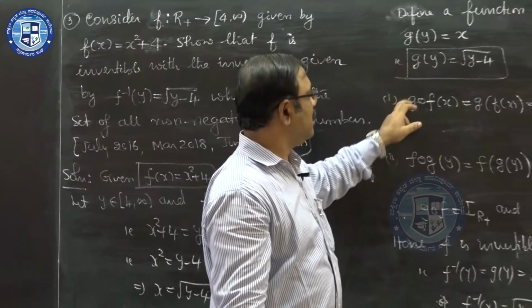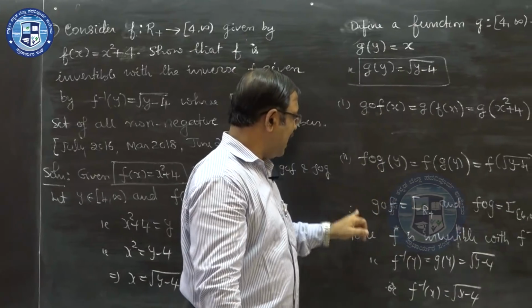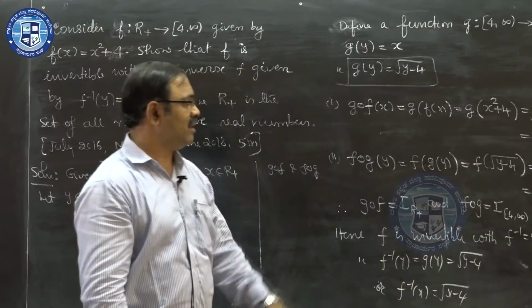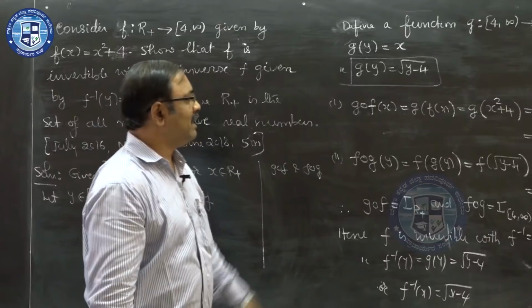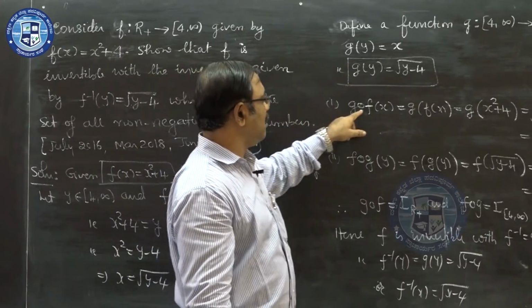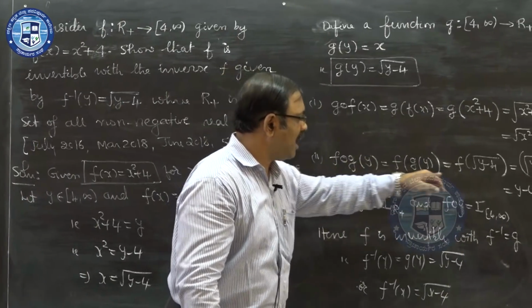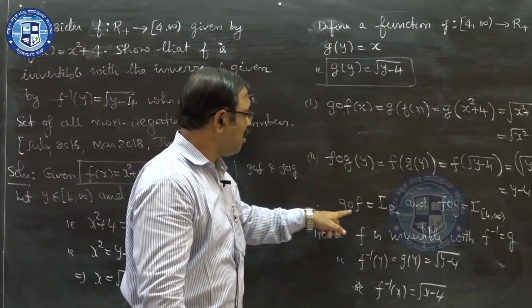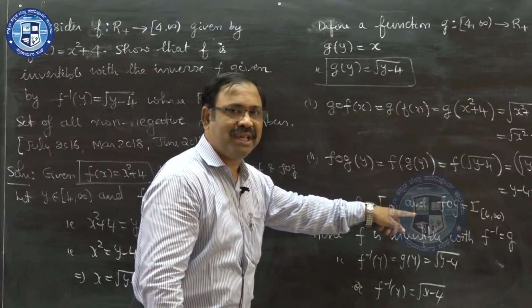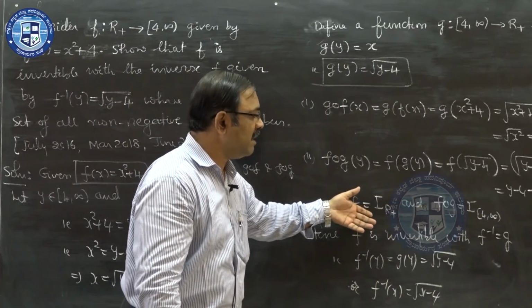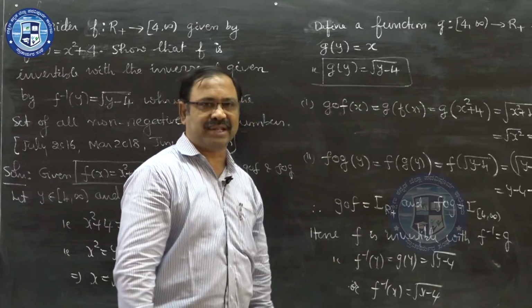Now you can write g composite f of x and f composite g of y. Write both, and you will find g composite f of x gives x, and f composite g of y gives y. Thus g composite f and f composite g are respectively the identity functions in the respective sets.